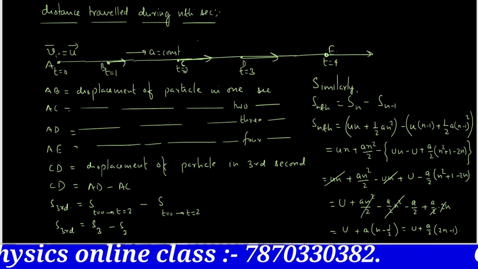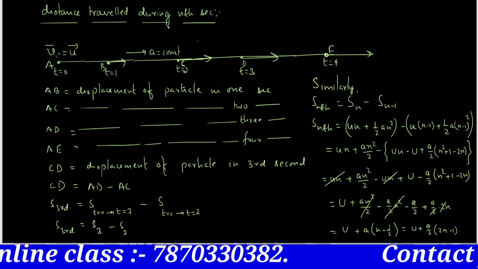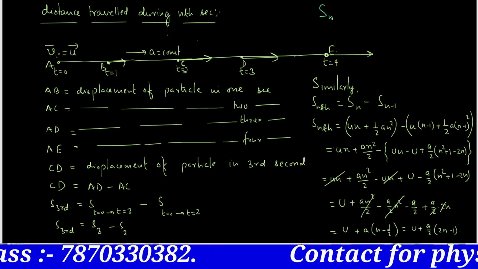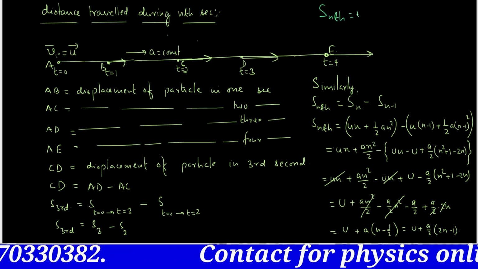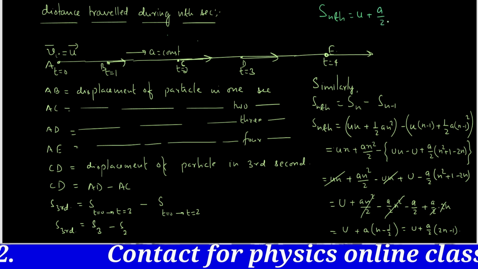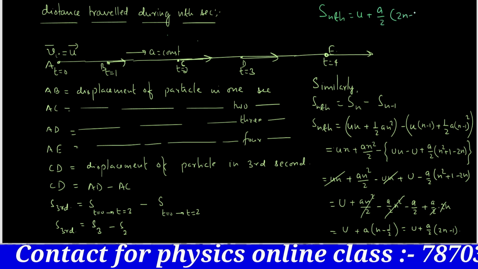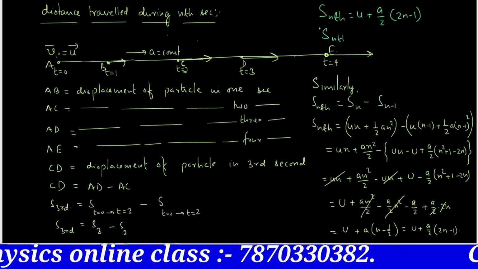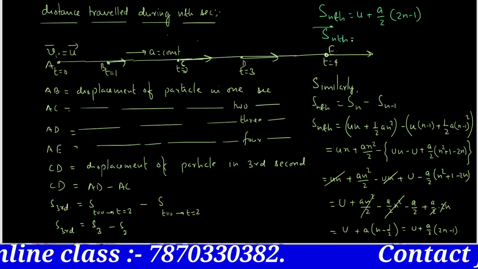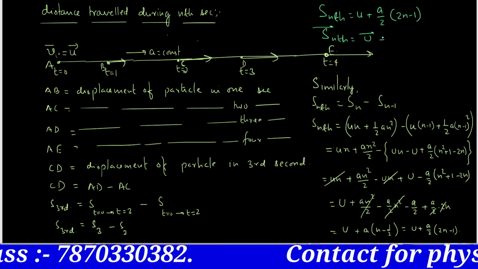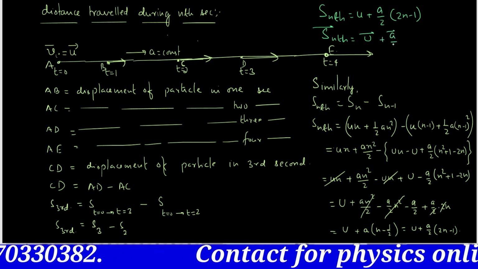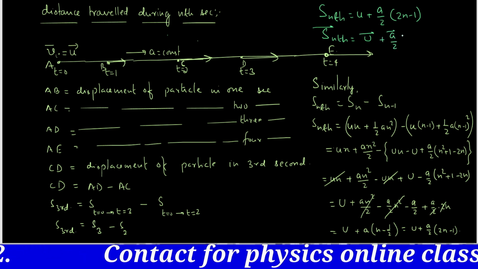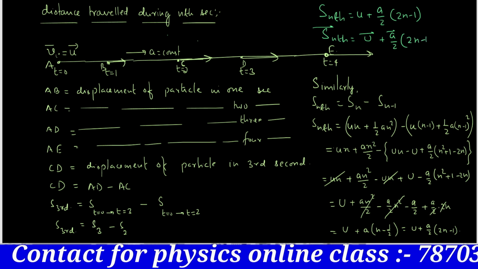So that's why I have written S nth. S nth will be equal to u plus a by 2 into 2n minus 1. In vector notation, S nth will be equal to u vector plus a vector by 2 into 2n minus 1.